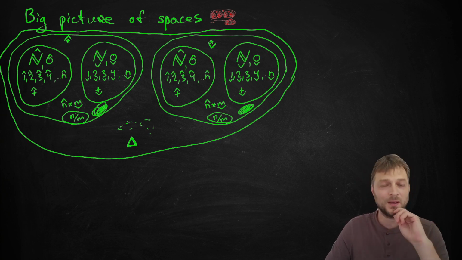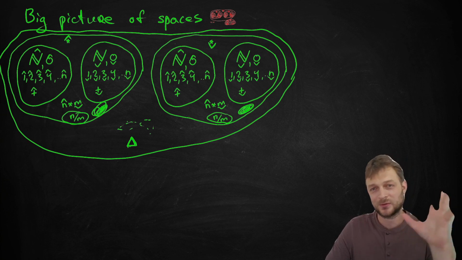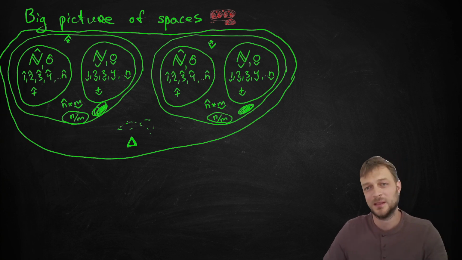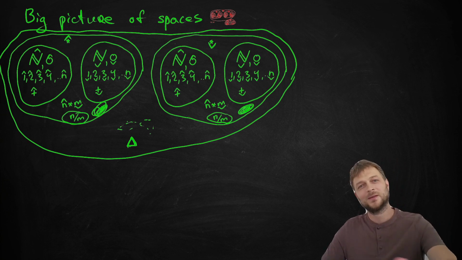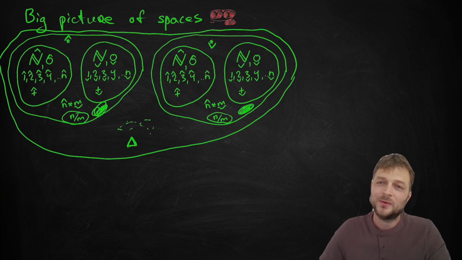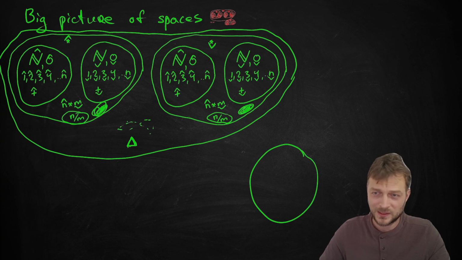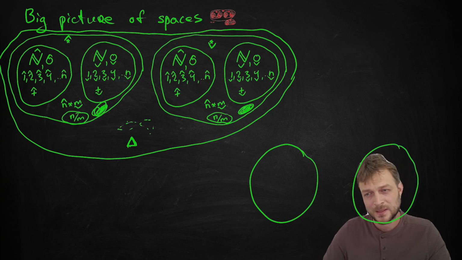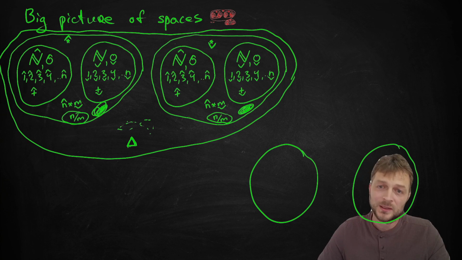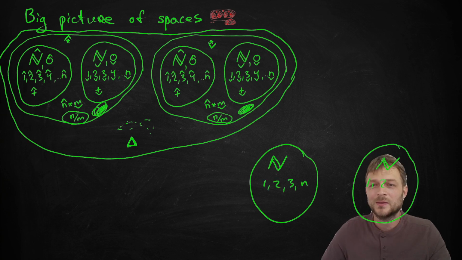But to simplify this, I will shrink it a little bit. Instead of having these seven spaces, I will simplify it first and consider only two spaces. They will be natural numbers, just copies of each other, with 1, 2, 3, n, 1, 2, 3, etc. n.